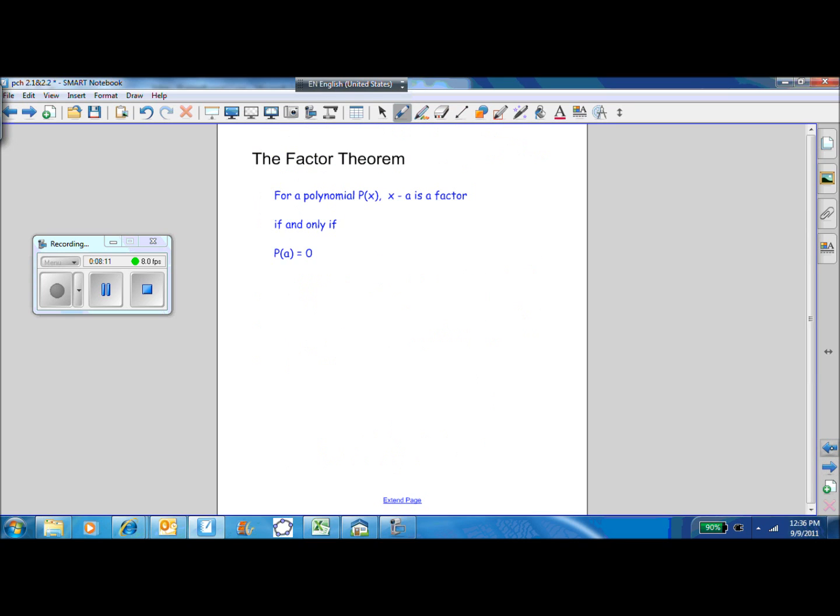Now the factor theorem is just an extension of the remainder theorem. Remember from the remainder theorem, we have that p of a is equal to r, right?